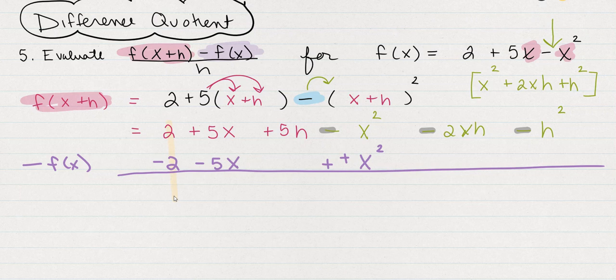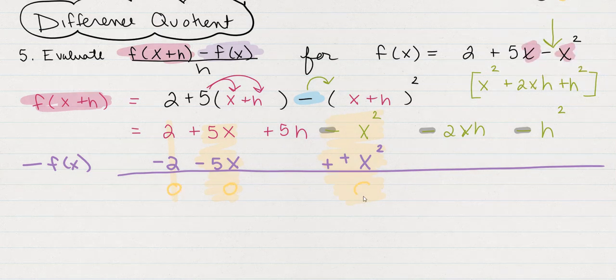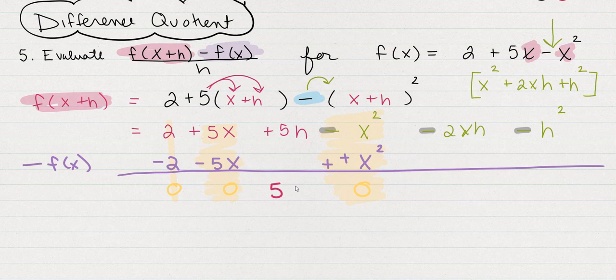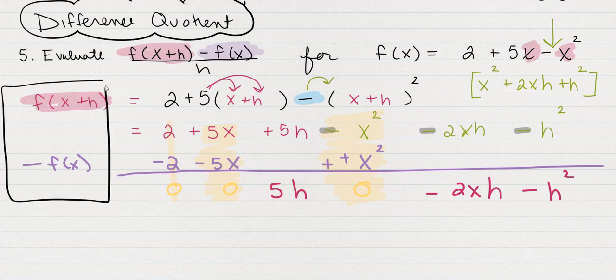This 2 minus 2 cancels out. 5x minus 5x cancels out. The opposite of x squared plus x squared cancels out. So I get some zeros here. And then I'm just going to carry down what was left. What was left over? I have this 5h, negative 2xh, negative or minus the h squared. So now I've got my f of x plus h minus f of x, that's the numerator up here in the difference quotient.